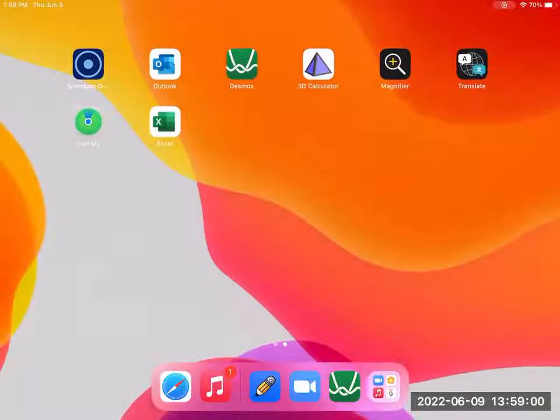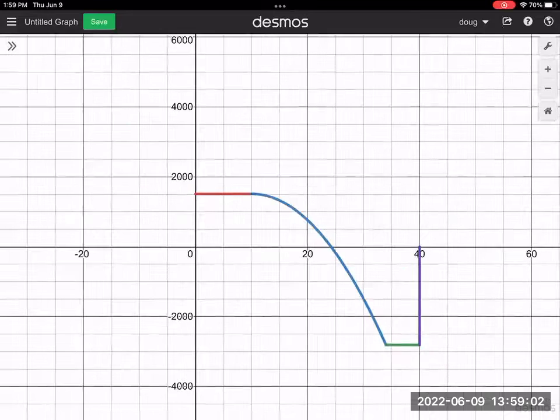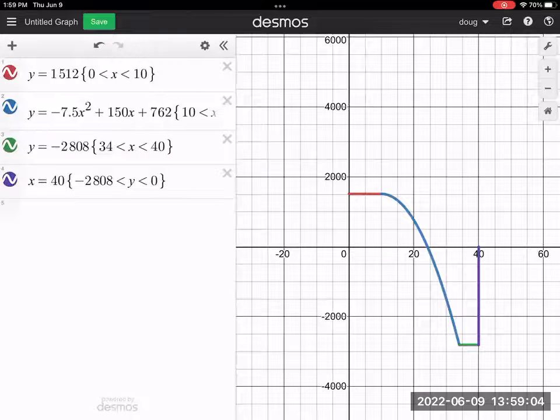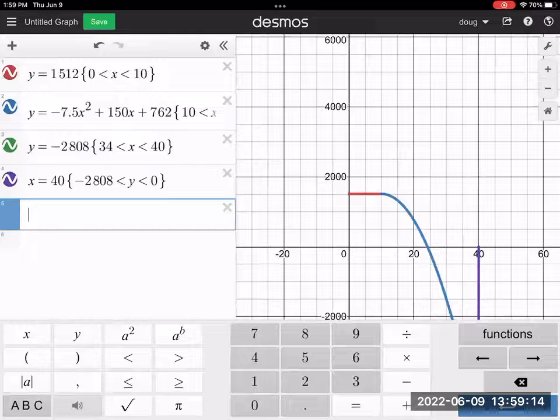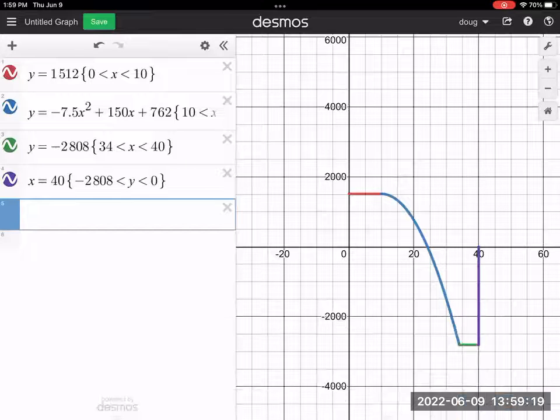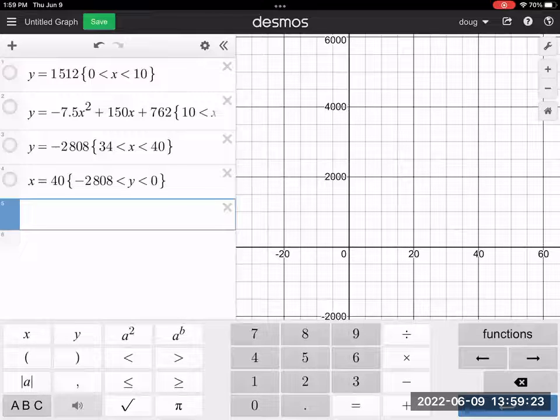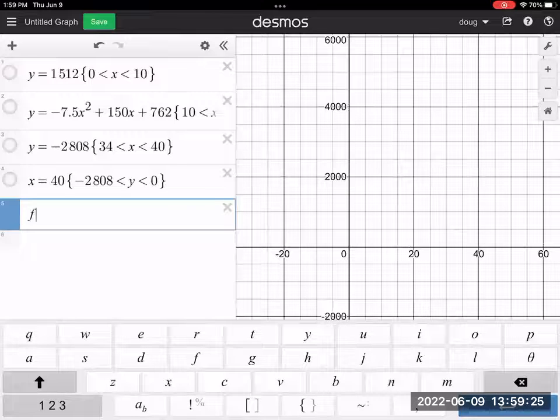Let's go back to Desmos. And by the way, in terms of saving some trouble, watch what I do this time. Instead of calling these y, like I did before, and I'm going to turn all those off so that they're not in the way, I'm going to say f of x this time.